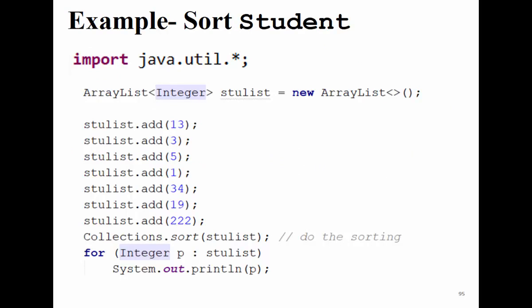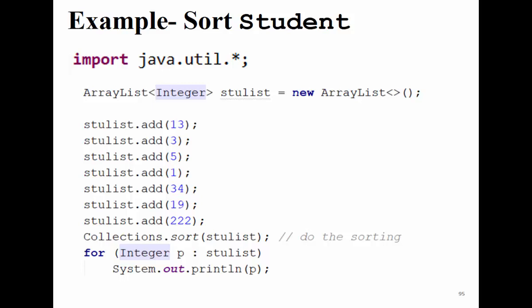I define an array list of Integer data types. This is an object data type. I add elements. As you can see here, I add elements 13, 3, 5, 1, 34, 19, 222. Then I ask Collections.sort. To be able to use these collections, it's good to have an import statement, and this is mandatory.